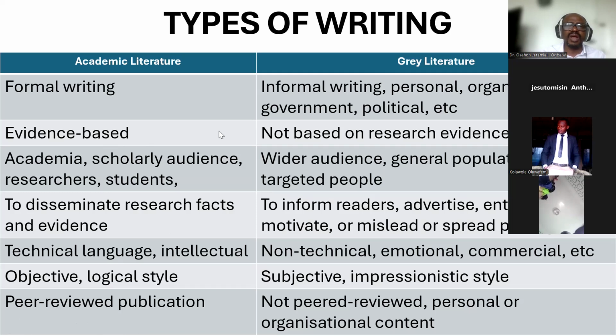You have the reports that are academic, scientific, and actually reports or literature or a piece of writing that we call gray literature. The way that you write them is completely different.